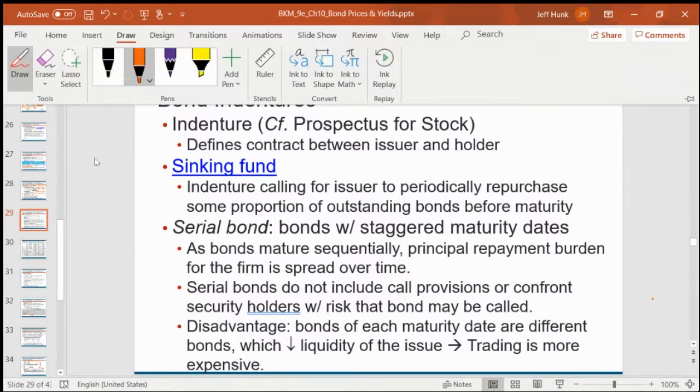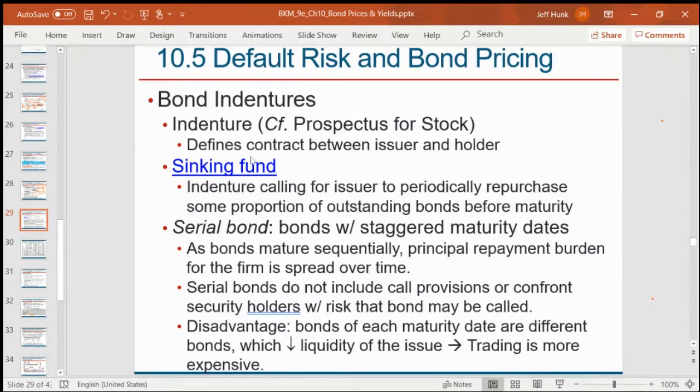So the bond indenture is like the agreement, or covenant, right? Everything is detailed in the indenture.